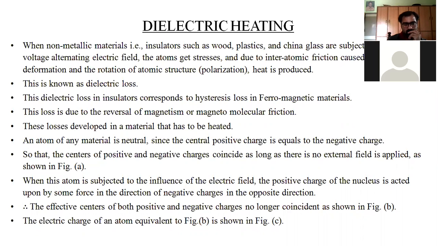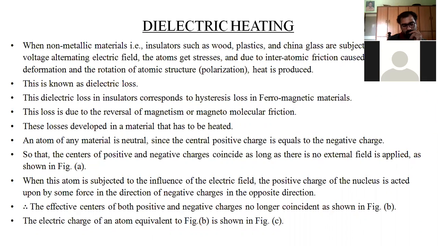Whenever this loss develops in the material, it generates heat, and by that heat we get the heating of your charge.